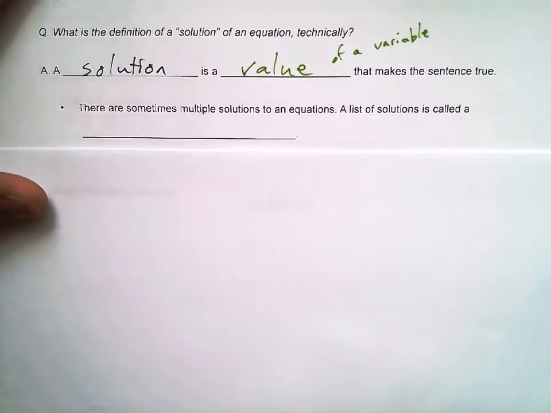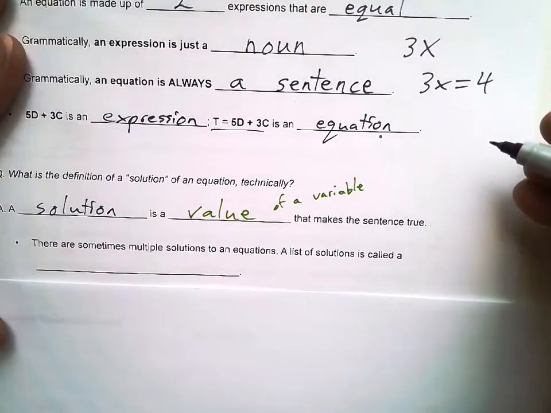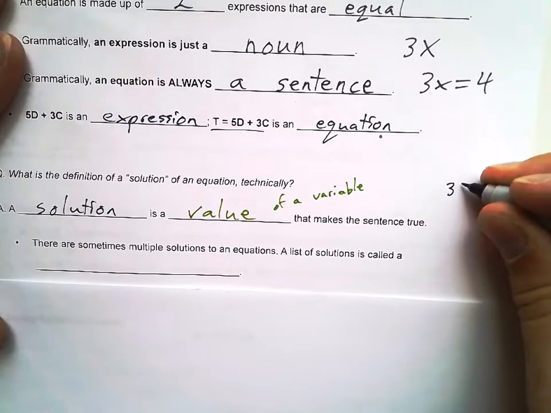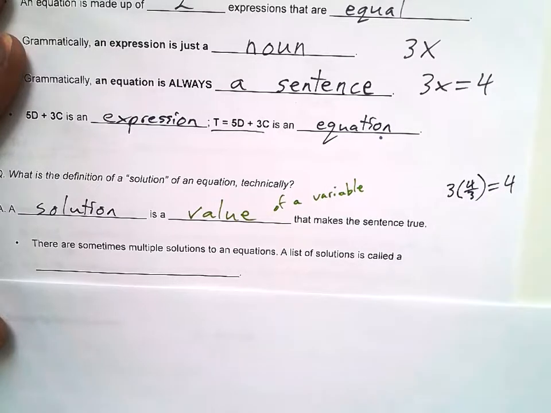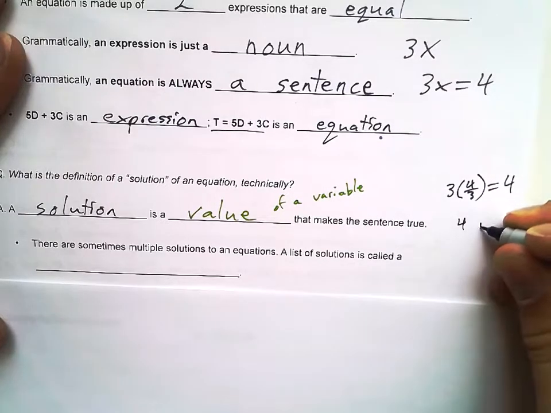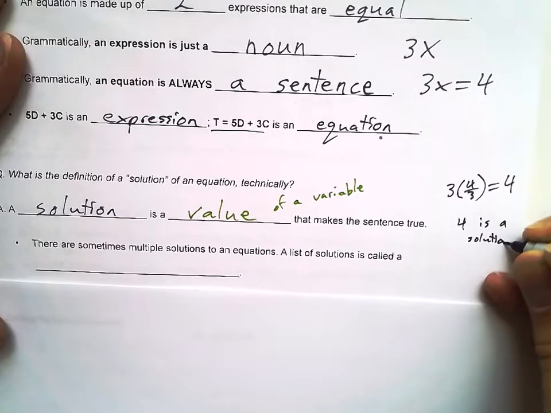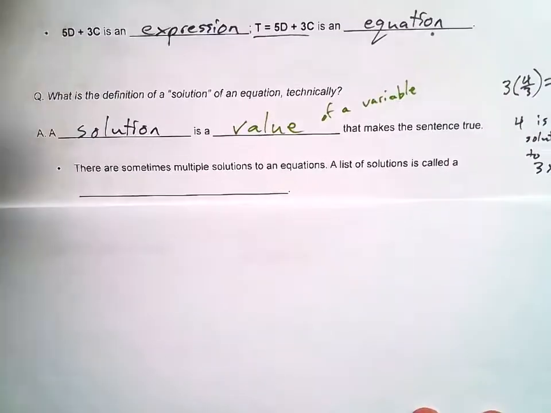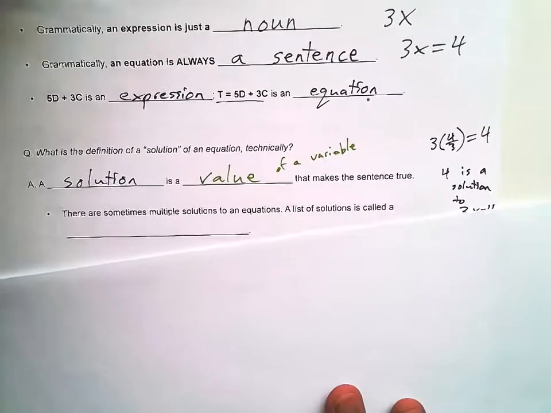For 3x equals 4, that would be 3 times 4/3 would equal 4. So 4/3 is a solution to 3x equals 4.